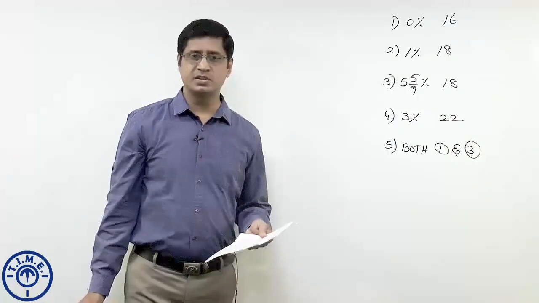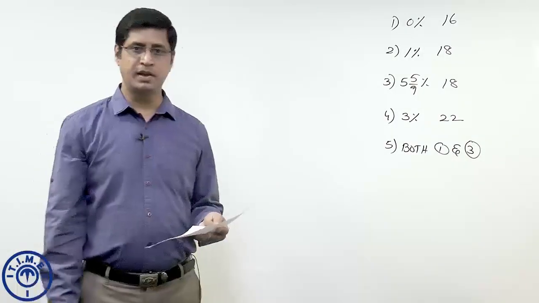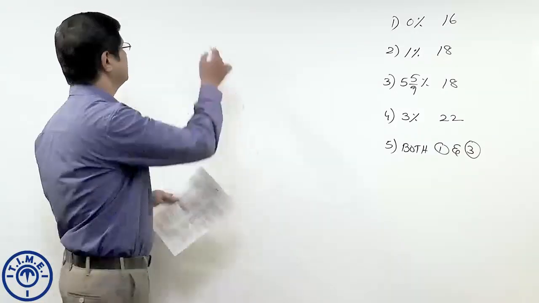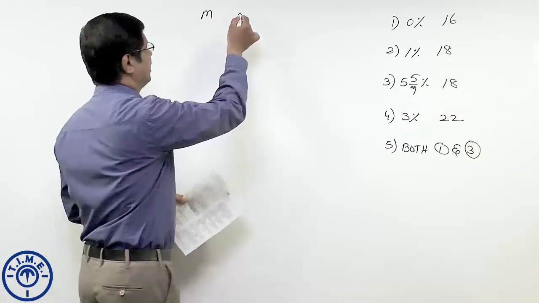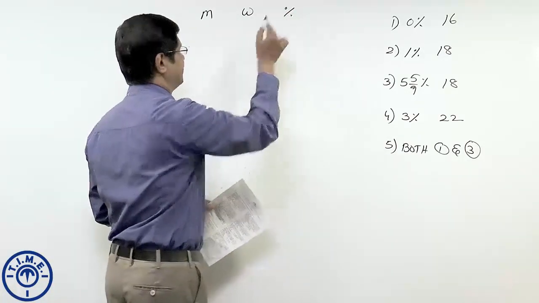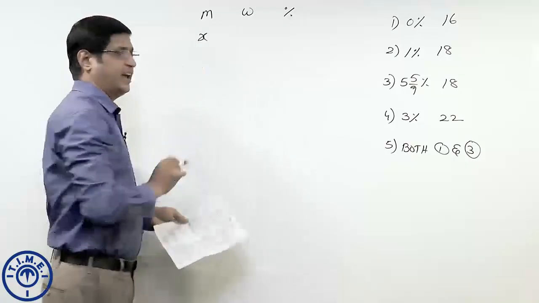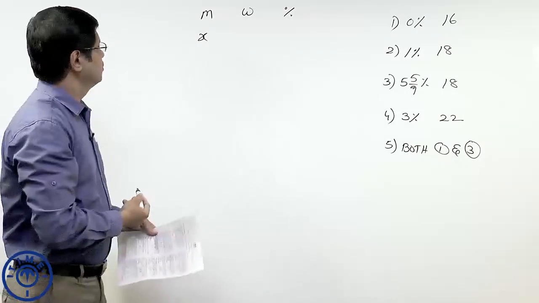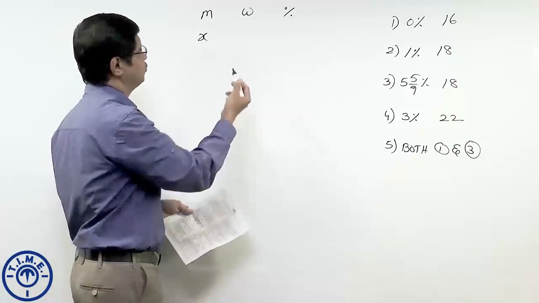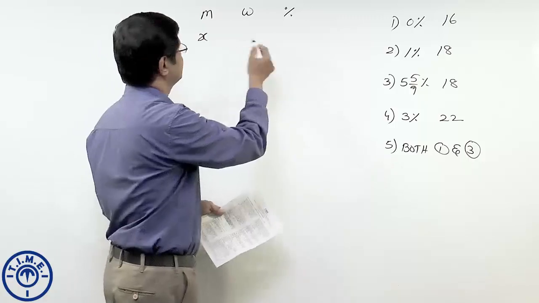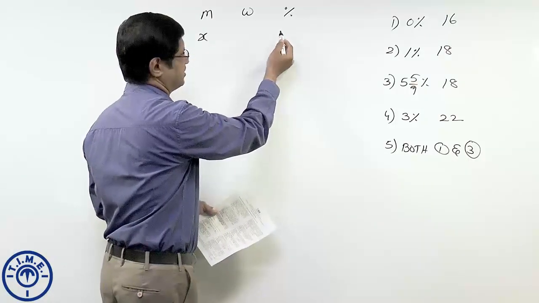Now what are the conditions given here? The matches played before a new captain was appointed. Let us assume X matches were played before the new captain joined. The number of matches won is not given, we need to find it, and the percentage is also not given.